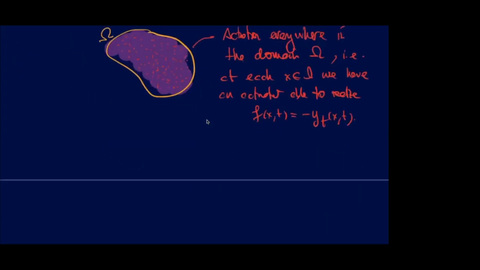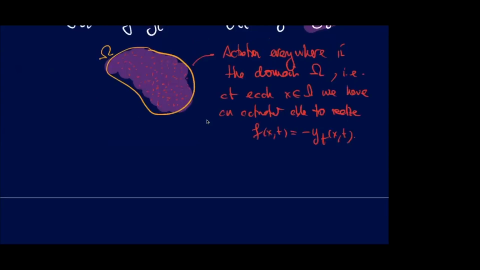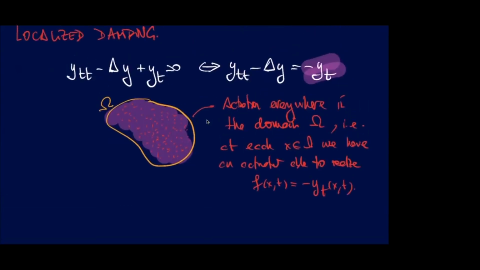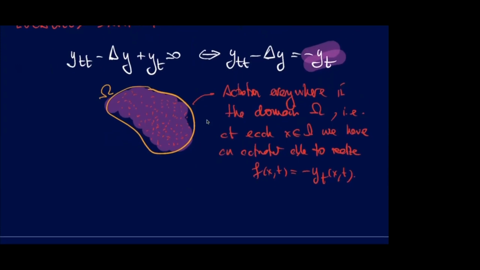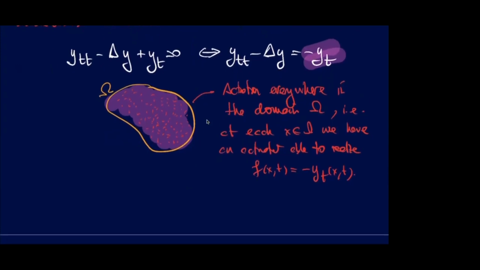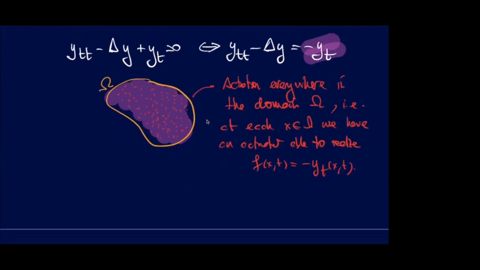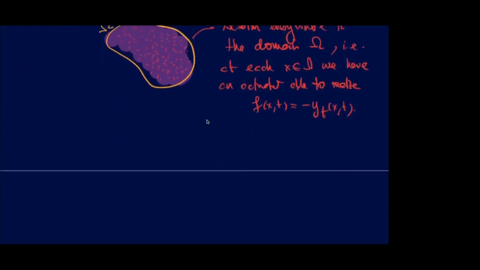Now, if you talk to practitioners of this kind of damping mechanisms, you will observe that they will tell you, well, listen, this is not very realistic. You never have actuation everywhere in the domain, right? So there are many applications of this kind of problems. There is one that we often experience and we don't even realize it.